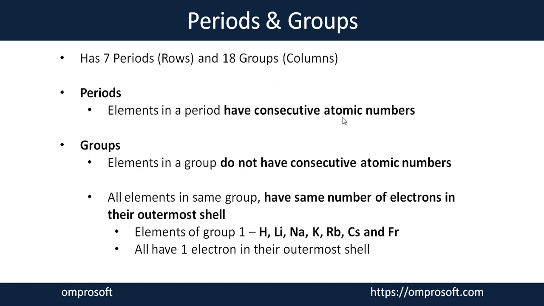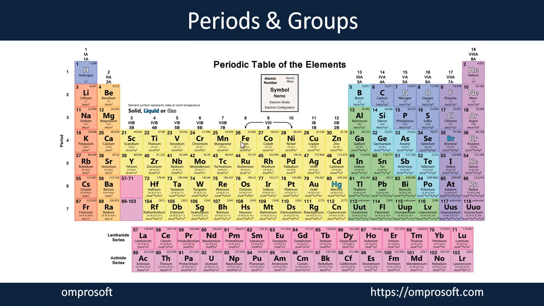And if we consider the same period, the elements in the same period have a consecutive arrangement of atomic number. Like you can see here, we have a total of 18 groups. While we move vertically in the columns, you can see the numbers mentioned: 1, 2, 3, 4, 5, 6, 7, 8, 9, 10, 11, 12, 13, 14, 15, 16, 17, 18.